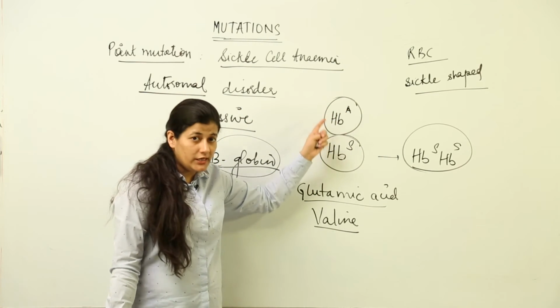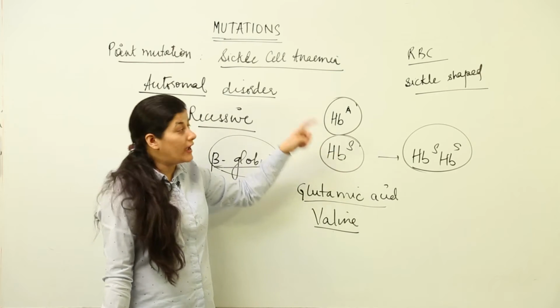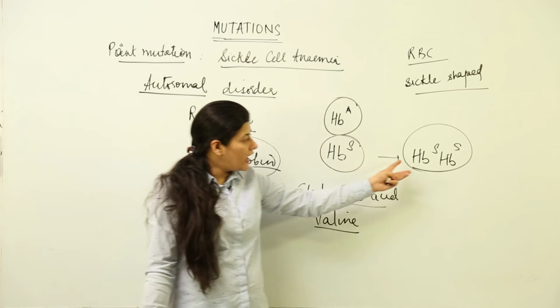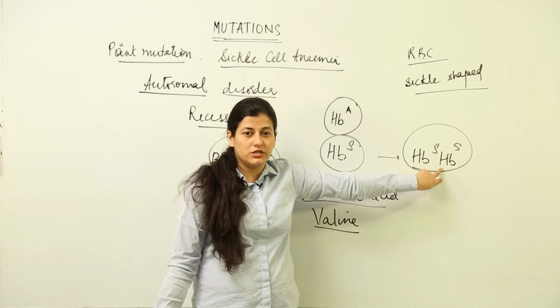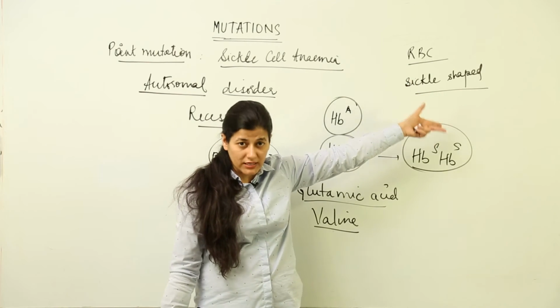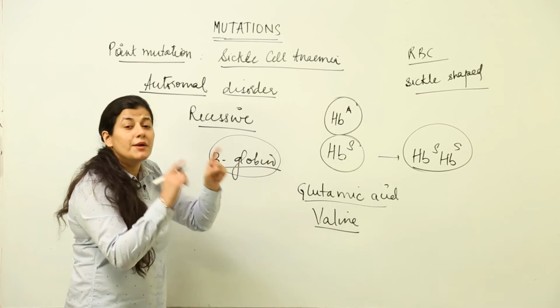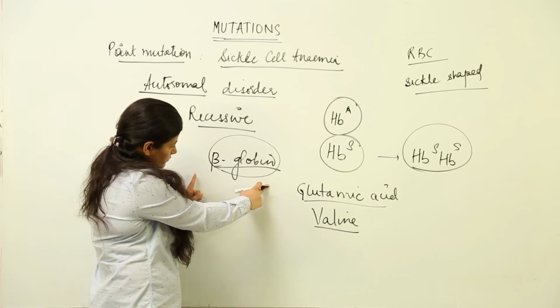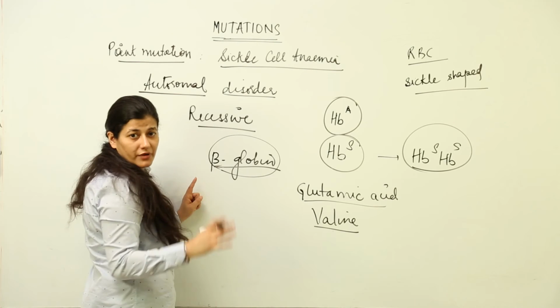HbA is the normal allele. The normal allele, when it gets mutated by the process of point mutation, becomes HbS. The individual having both the alleles for this particular gene will show a condition where his or her cells become sickle shaped under oxygen stress, because the beta globin chain of the hemoglobin would undergo polymerization.